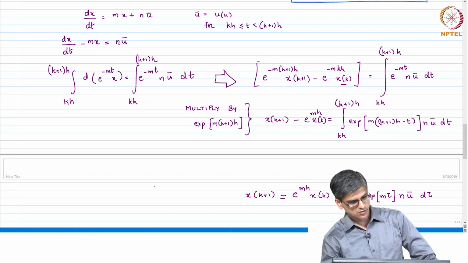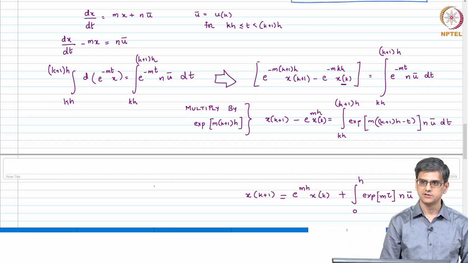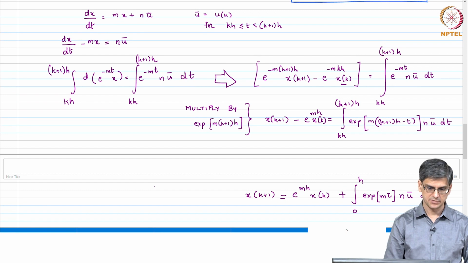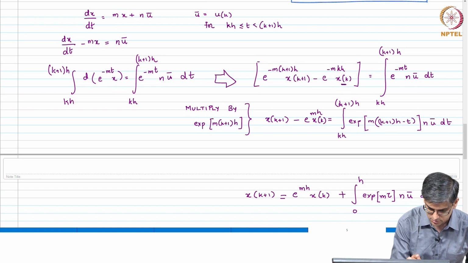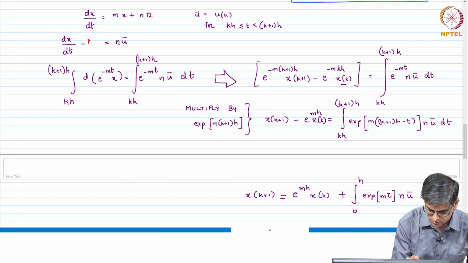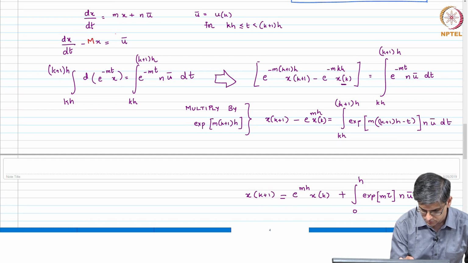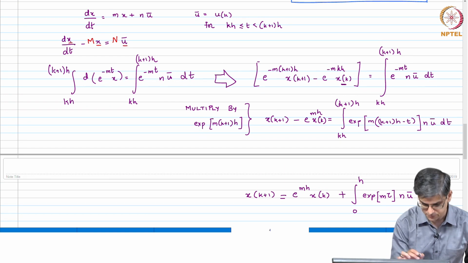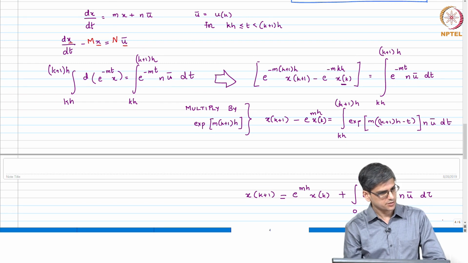This is if this was one dimensional, single variable. If this was not single variable, okay, this is what you are going to get.